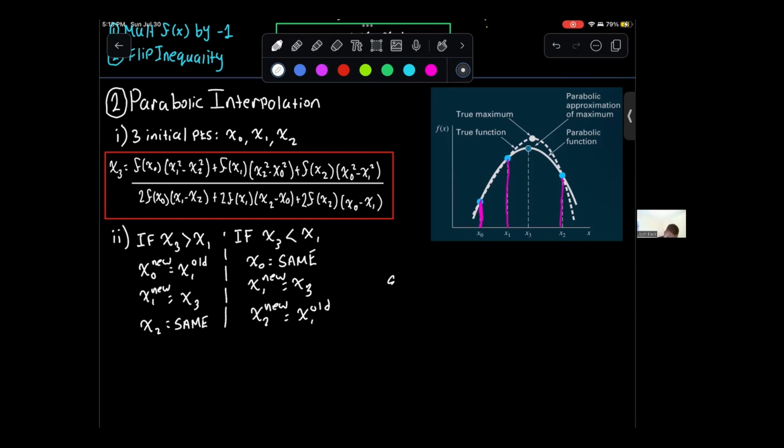Now, my error is the absolute value of my new x1 minus my old x1 divided by my new x1. In other words, you could also say that my approximate error is x3 minus x1 divided by x3, right? Since x1 new is my current x3. Perfect.